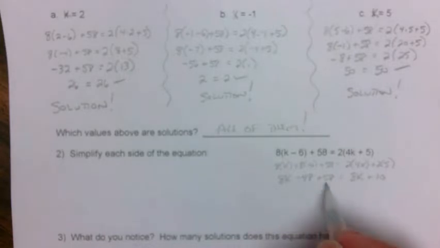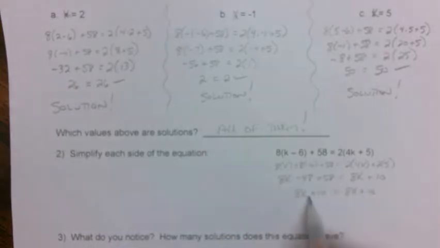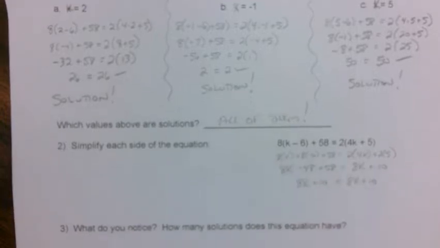On the left, negative 48 plus 58 is 10, so we have 8k plus 10 equals 8k plus 10. Look at that. Each side simplified to the same expression.